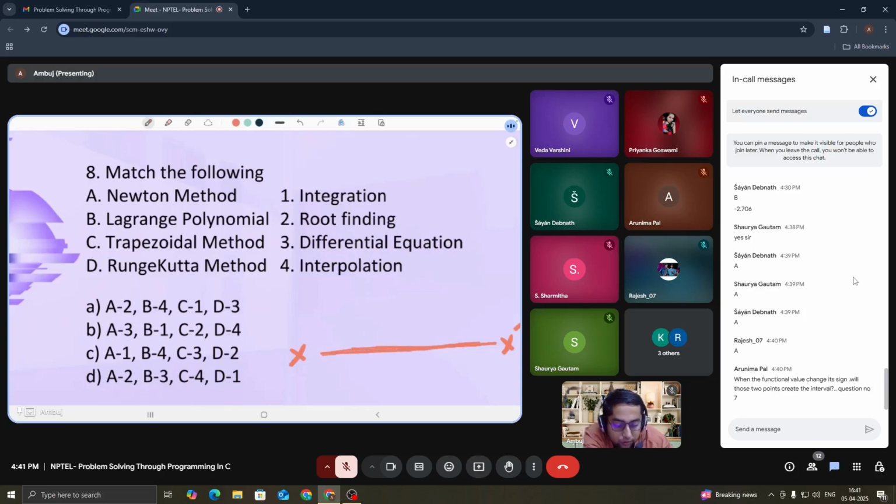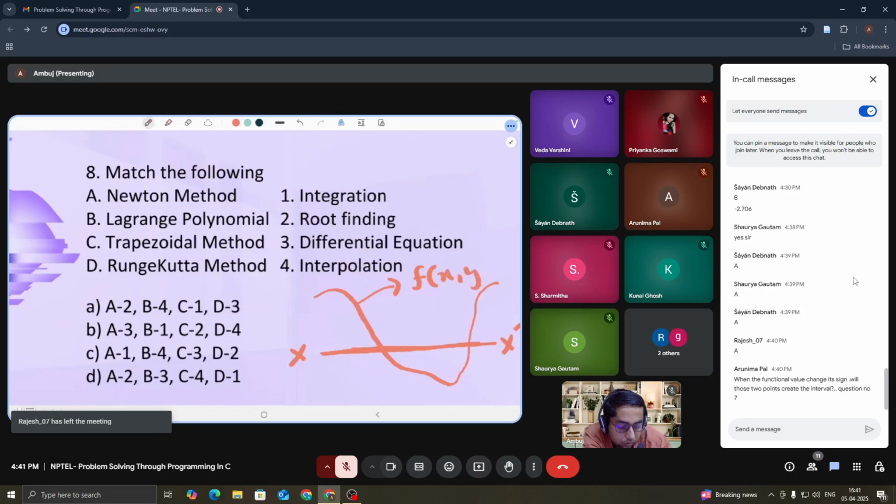And the graph of the function is like this. And if you try to calculate f of a and f of b, see here f of a is positive and f of b is negative, so f of a into f of b will be negative.